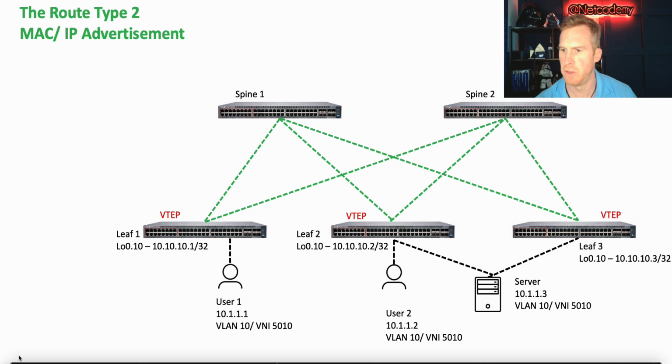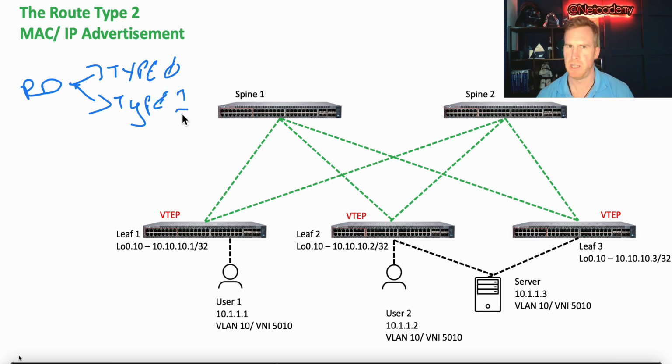So one of the first fields you'll see is actually a route distinguisher. Now leaf 1 here is going to set the route distinguisher to be a type 1. If you recall, you've either got a type 0 or a type 1 route distinguisher. The type 0s aren't really used anymore these days. You commonly see the type 1 being used.